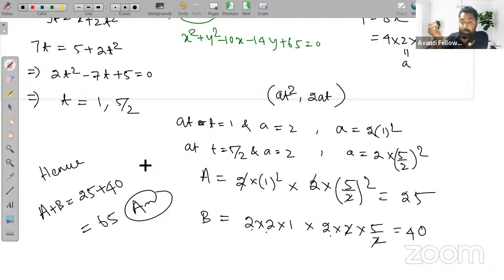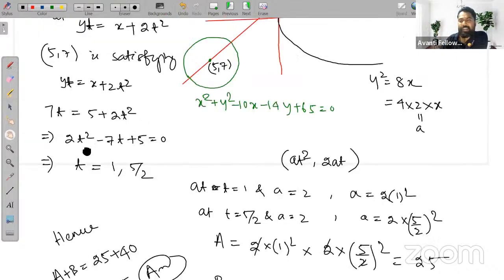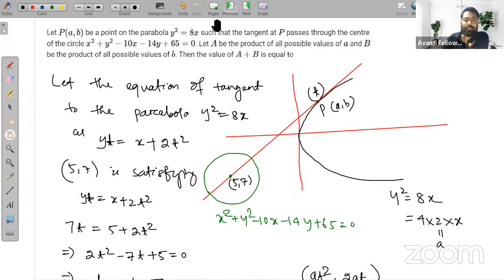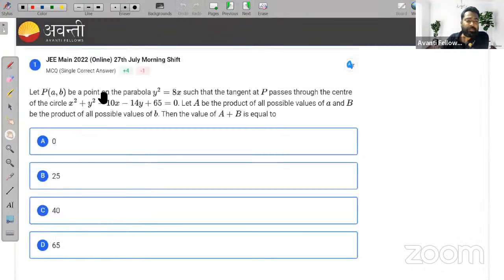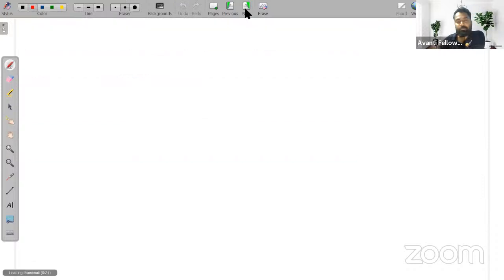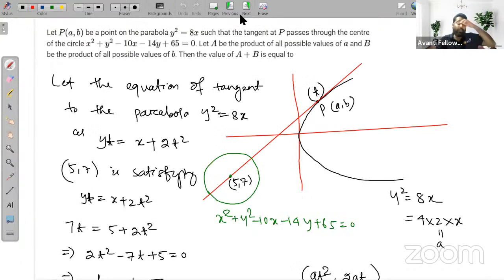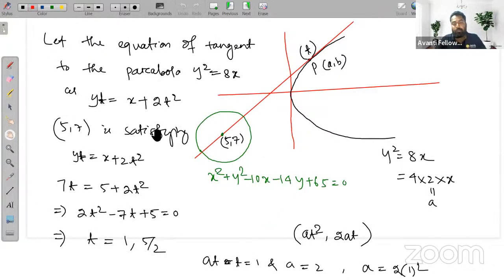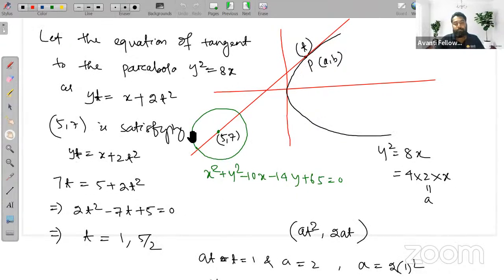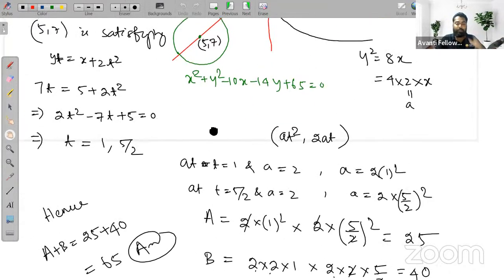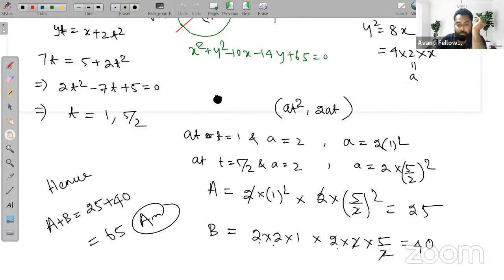Is that understood to everyone? Is there any doubt, you can ask. So what is the correct option? The correct option is 65; option D is correct. If you have any doubt anywhere, you can ask in the solution.